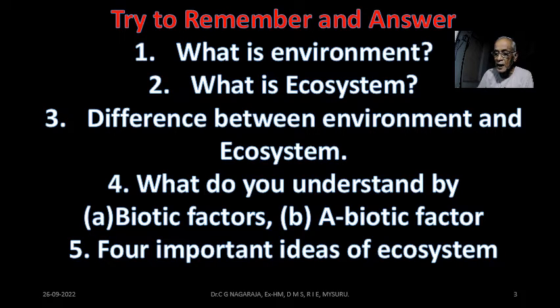It may be a plant, an animal, a microorganism, and climatic factors, natural resources, where energy and molecules will be exchanged. That means there will be a constant interaction between the living and the non-living system, and that is called ecosystem.